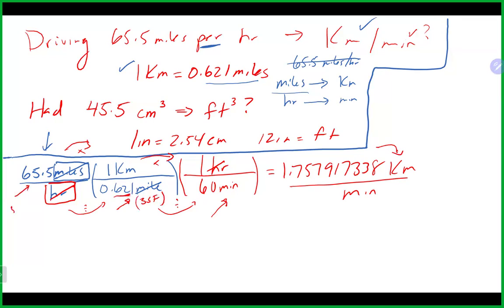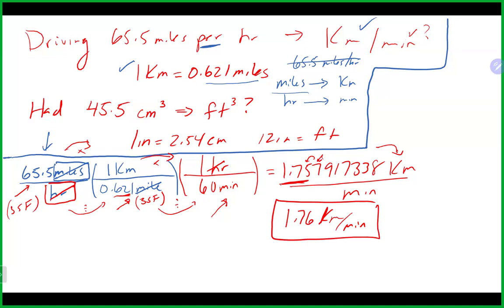Our original number there has 3 significant figures. That means since we're only multiplying and dividing when we do dimensional analysis, 3 significant figures is the winner. That is a 7, which means we have to do a little rounding up on that. And that's going to give us 1.76 kilometers per minute in this case.